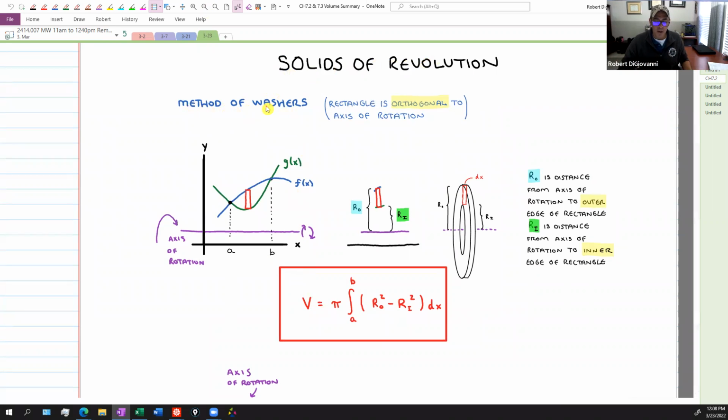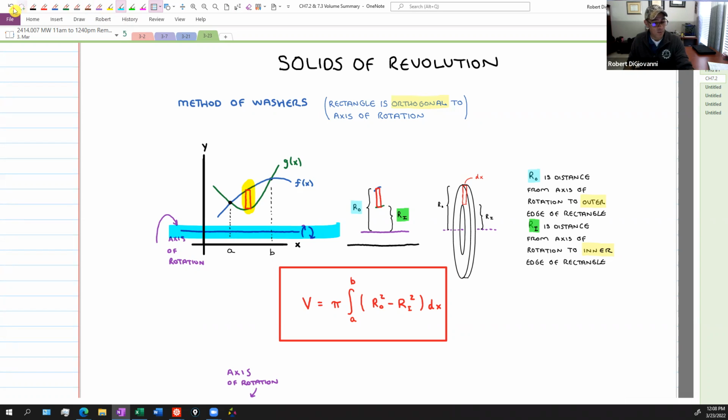But whenever we're doing washers, the thing that lets you know you're going to use washers is when the rectangle that you draw, see this rectangle here in yellow, is orthogonal to the axis of rotation. Orthogonal means perpendicular, okay? So our rectangle was perpendicular to our axis of rotation, we use washers.